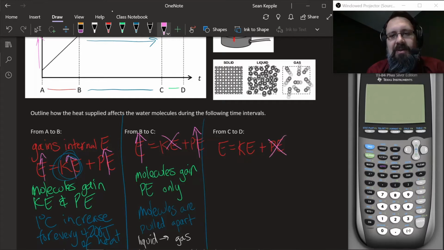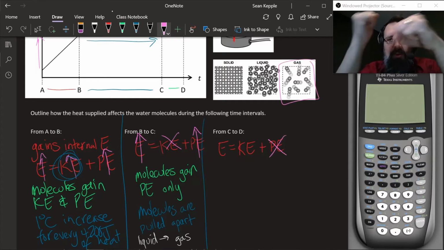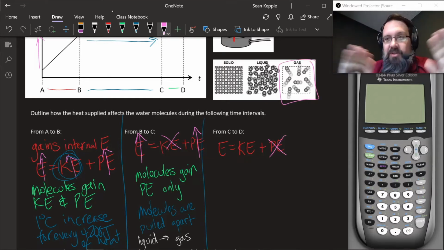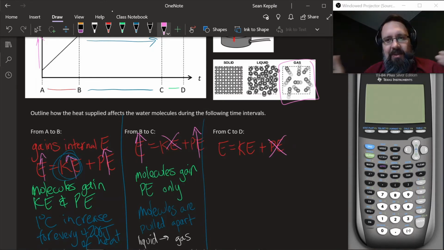The particles are so spaced out in a gas that they're no longer attracting each other. We've fully separated the particles from each other. They're no longer interacting. So when you add energy now, it can't go into potential energy because they've been completely separated. They've been freed of their bonds. So now when you add energy, it can go back into increasing the kinetic energy once again.